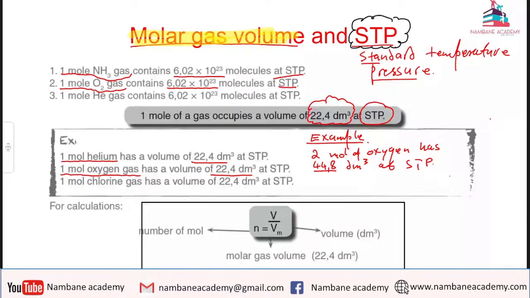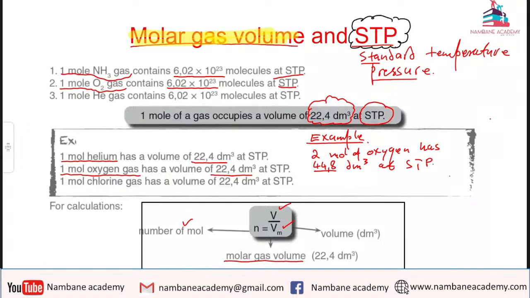Where do I get this information here? I got this information that 2 moles of oxygen has 44,8 decimeter cubed at STP by using the equation n is equal to V over Vm, where Vm is just the molar gas volume.